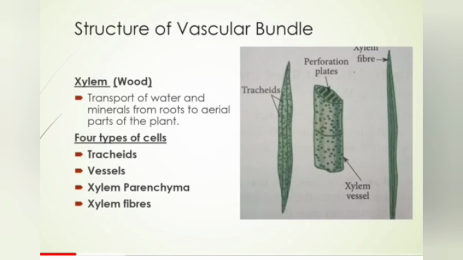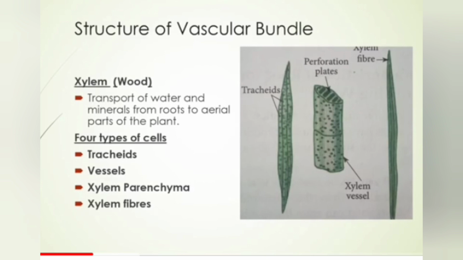There is a structure of the vascular bundle, xylem, that is wood, and it is the tissue which is responsible to conduct water and minerals from the roots to the tip of the plant. Transport of water and minerals from the roots to the aerial parts of the plant is done with the help of xylem tissue.